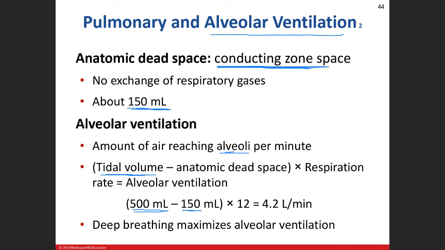We multiply that by the respiration rate of 12 breaths per minute, and that gives us 4.2 liters per minute. So out of that 6 liters of air entering our lungs, 4.2 liters makes it into the respiratory zone, where we actually see the exchange of gases.